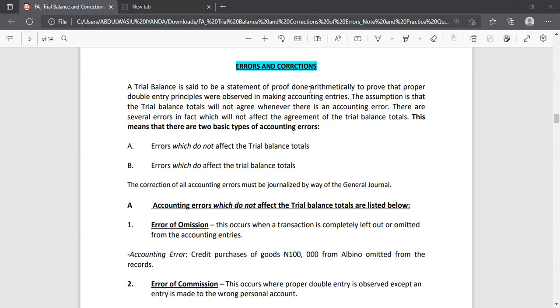We have the assets, the liability, the equity, the income, and the expenses.